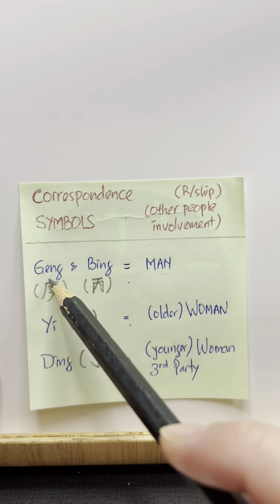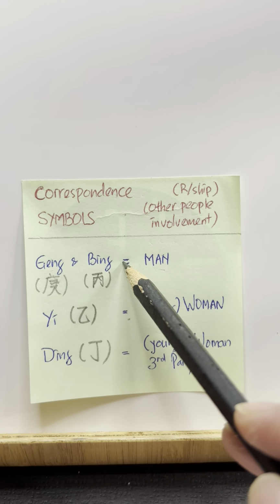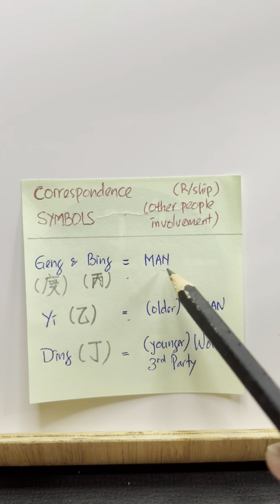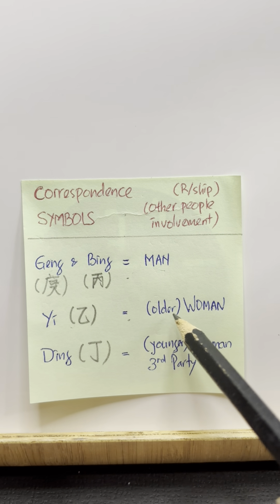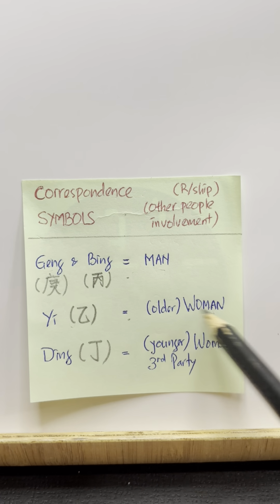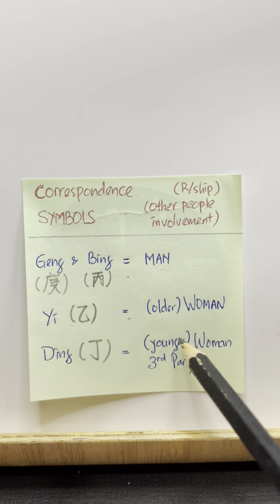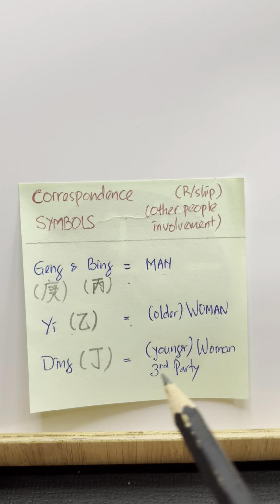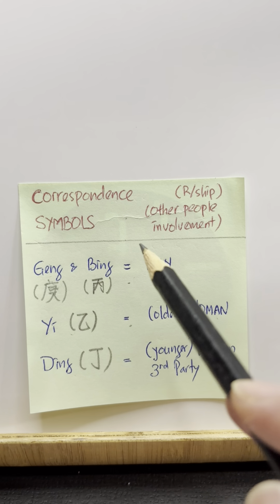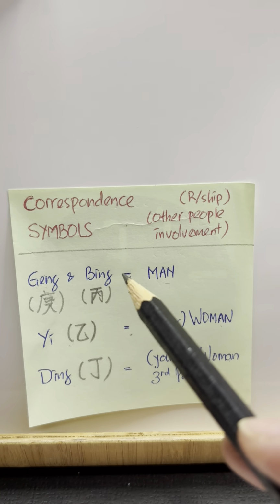When you see there is a Keng or Ping, which refers to the man, Yi, which refers to the older woman, or Ding, which refers to the younger woman, it is usually the third party. This is how we identify third party involvement.